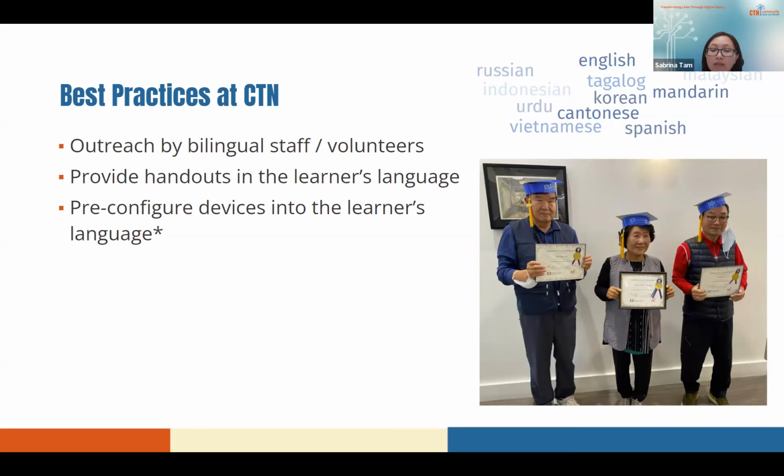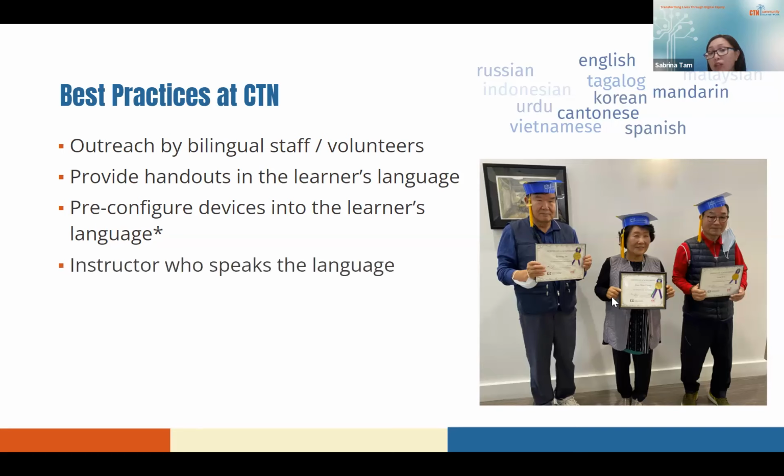So just be aware of that and able to customize the device for the learner. And depending on the class level or the skill level of the learner, it could also be a good training opportunity. Maybe you want to show the learners how to change a language setting by themselves. So definitely it is a good training opportunity.